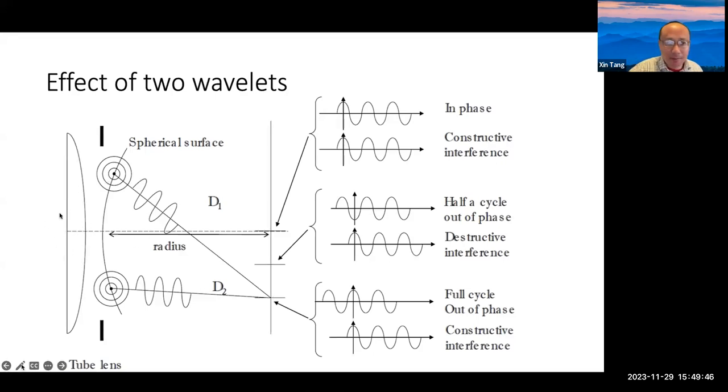Now in the real image, you can see we have a lens here. After the particle on the specimen plane emits light, that light will also generate this wavefront. And then this wavefront will concentrate the light to one point, right? That is ray optics.